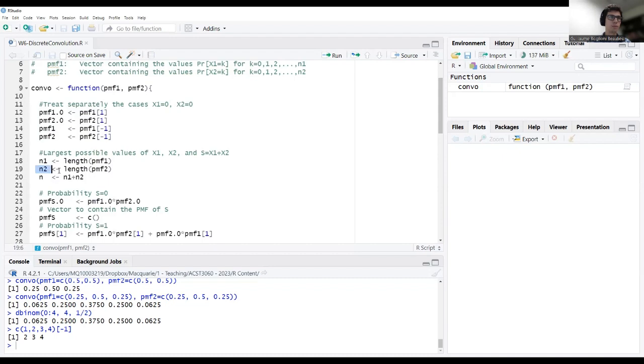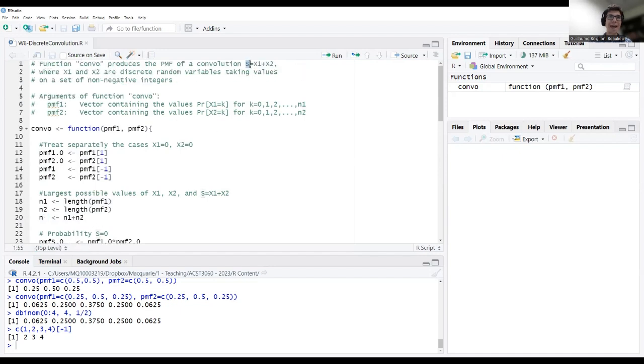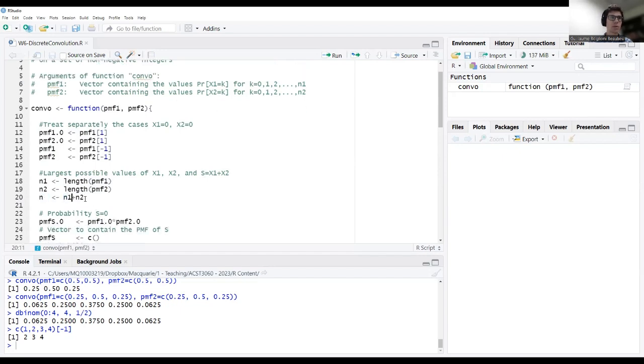Same thing, n2, the length of PMF2, is the largest possible value for x2. This is going to be needed to take the sums in the convolution formula. And n itself would be the largest possible value for s. And of course this would be n1 plus n2.